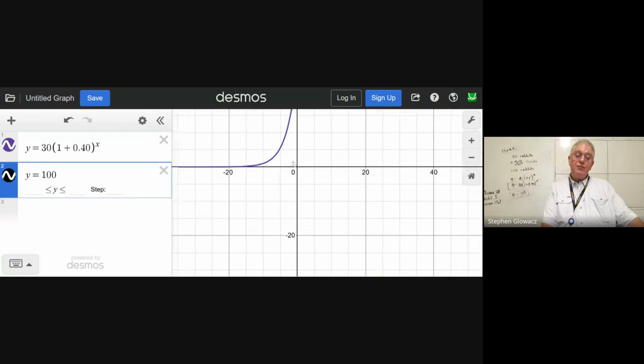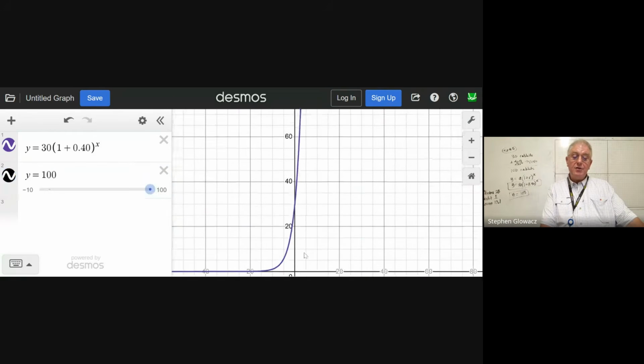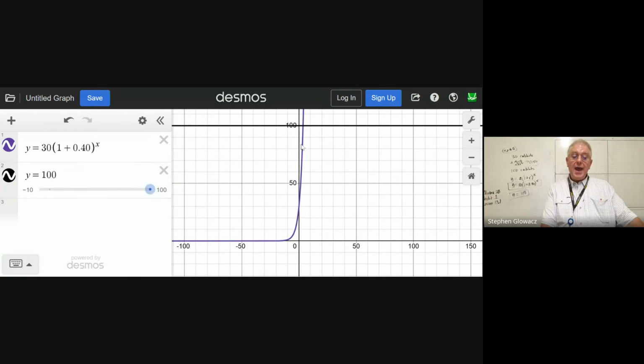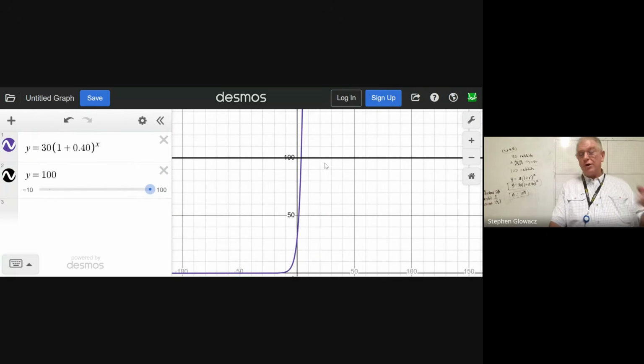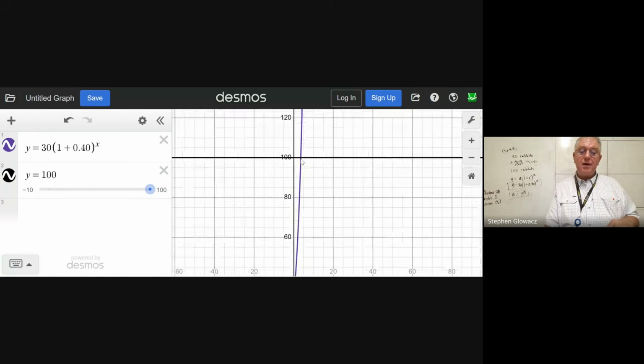Now, you're going to have to scroll out, maybe click and drag the graph down. What we're looking for is where the two graphs, the exponential and that horizontal line, intersect. A y equals a number is always just a horizontal line.